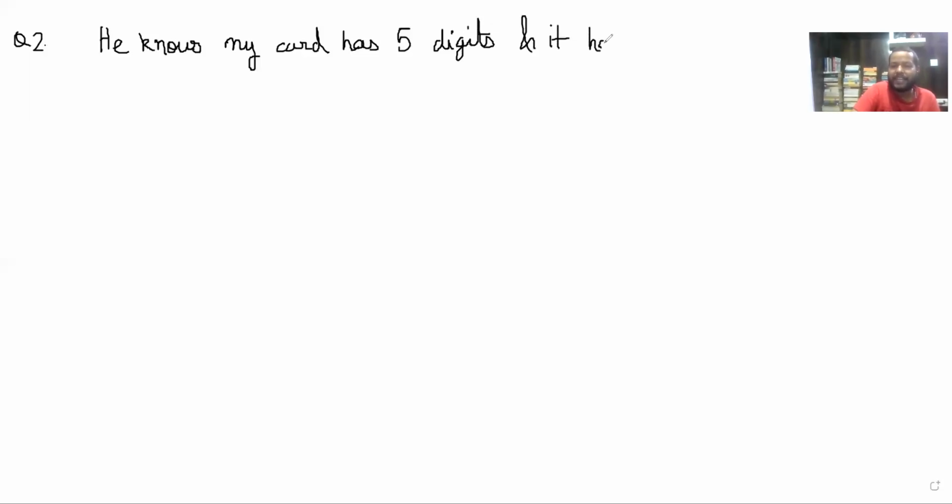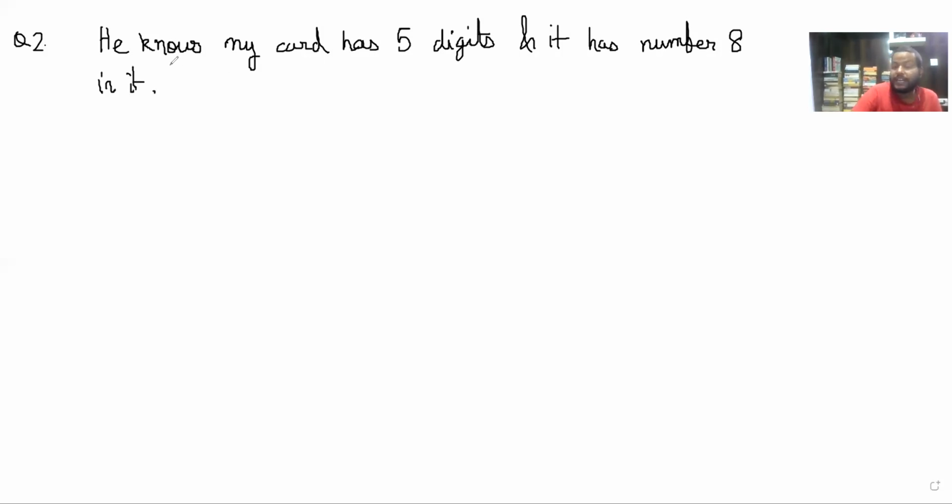Suppose a thief stole my card, and he knows some information about my card as well. He knows my card has 5 digits and it has an 8 in it. Then how many chances does he have?